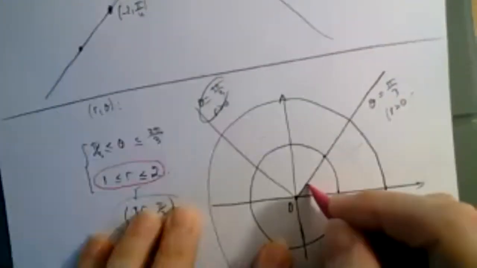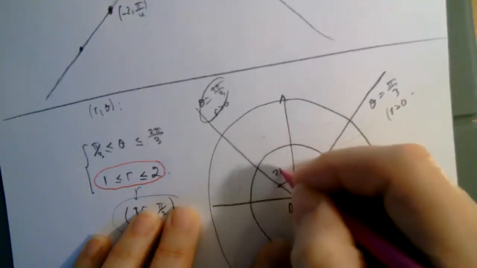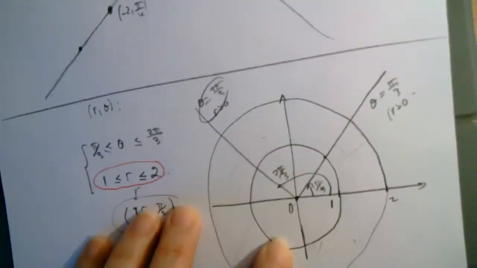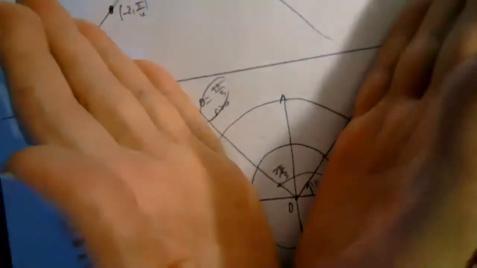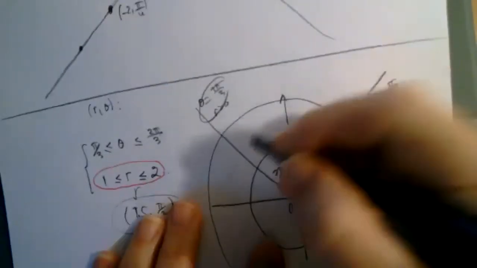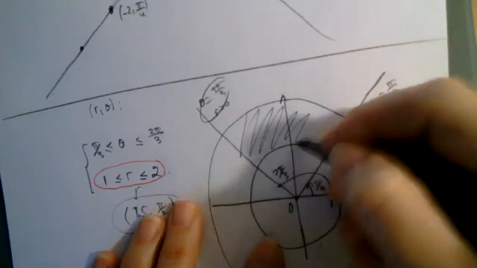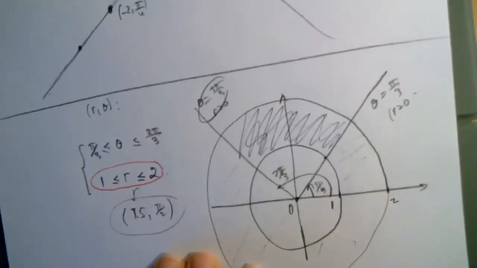So this is pi over 3, and this is 2 pi over 3. So I want my points to be in this ring, and I want them also to be between those two lines. So my region would actually be this piece right there. That's the region in polar coordinates.